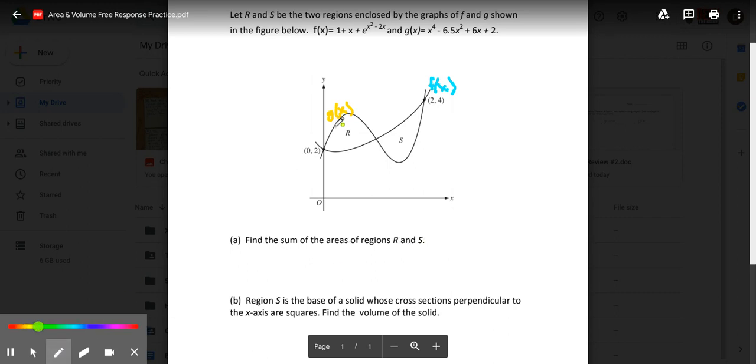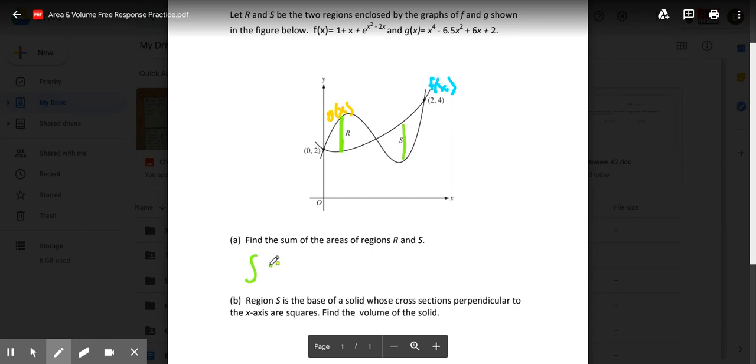So you want to put a vertical rectangle in the strip. It's a vertical rectangle for both, so both of these are in terms of x. So you're doing top curve minus bottom curve.